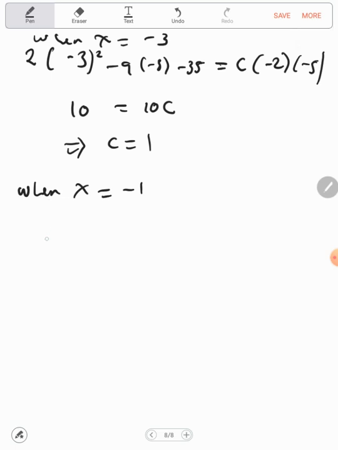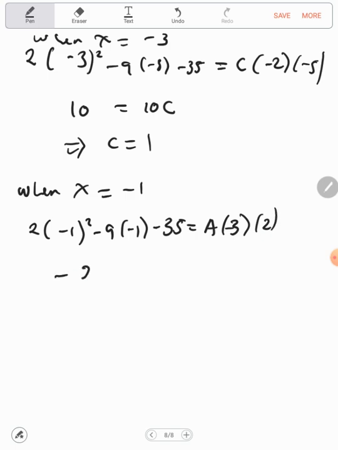Therefore, you have 2 multiplied by minus 1 squared minus 9 multiplied by minus 1 minus 35 is equal to a multiplied by minus 3 and 2. So minus 24 is equal to minus 6a, implying that a is equal to 4.